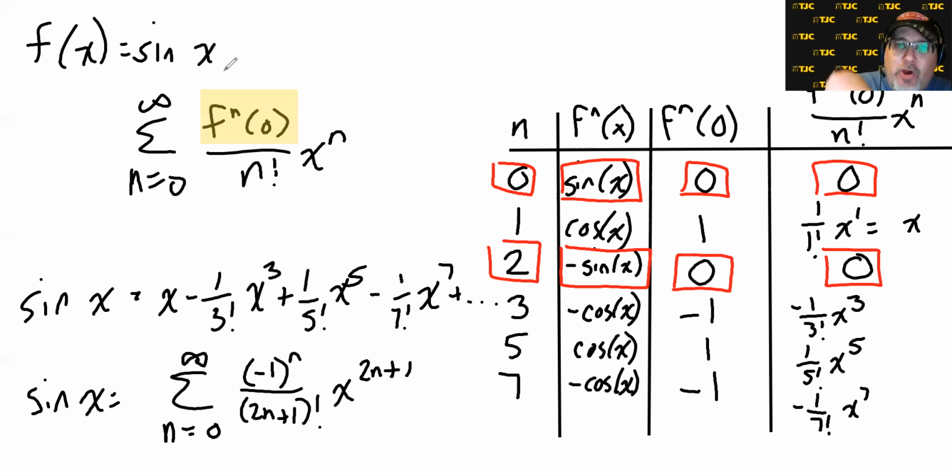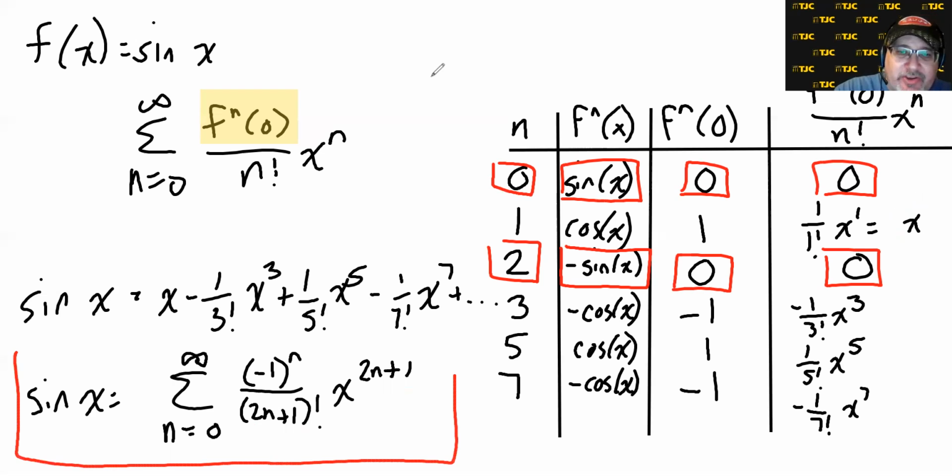But if we put in 0, we should get our first term, which was just x. We put in 0 here, we get 1 factorial. We put 0 here, we get x to the first power. And if we put 0 here, we get -1 to the 0 power, which is 1. So we get 1 over 1 times x. We have our alternator set up correctly. We have our odd numbers starting out correctly.